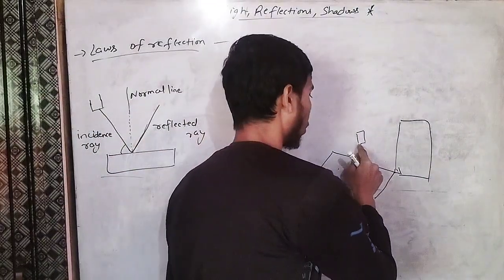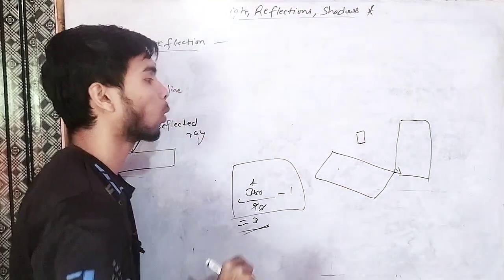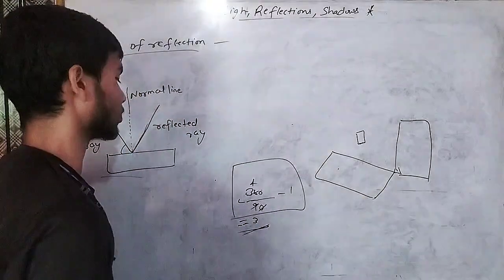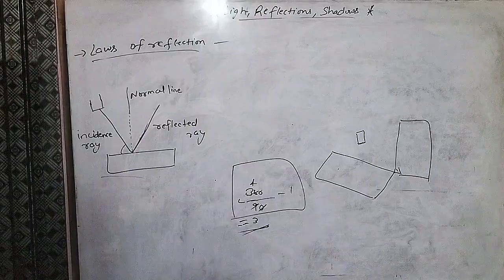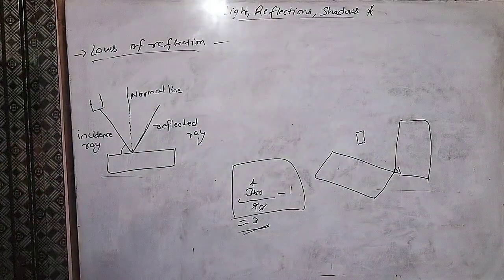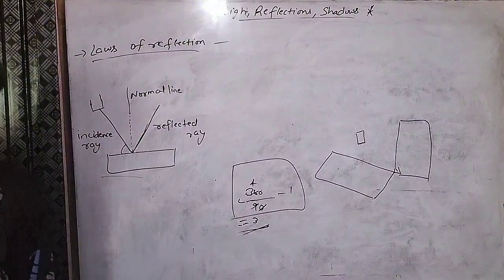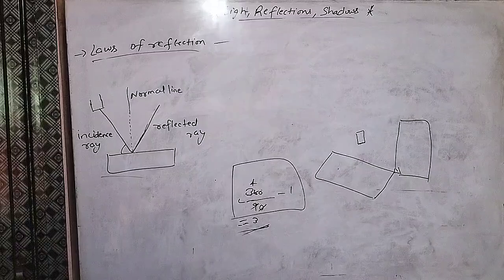So except for this object, we get 3 virtual images formed by the plane mirrors. This was how we can form multiple images by using more mirrors.